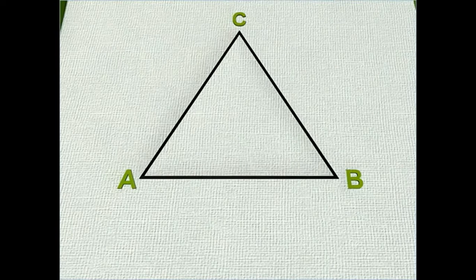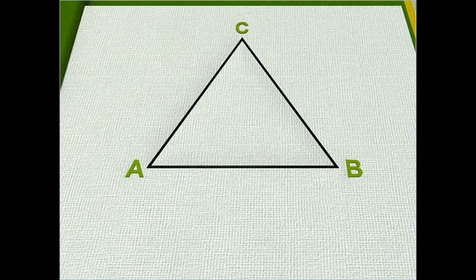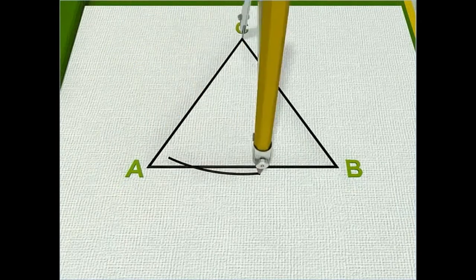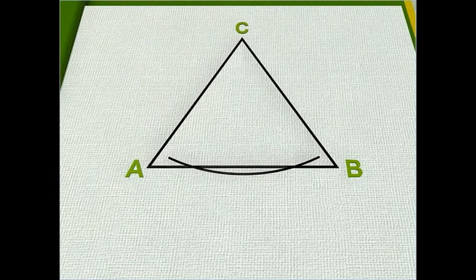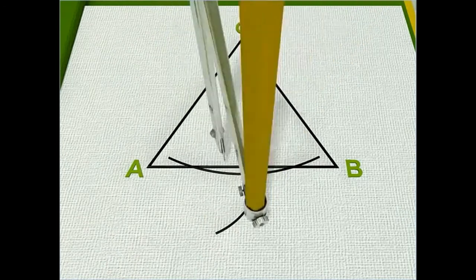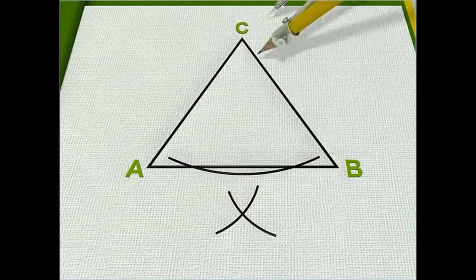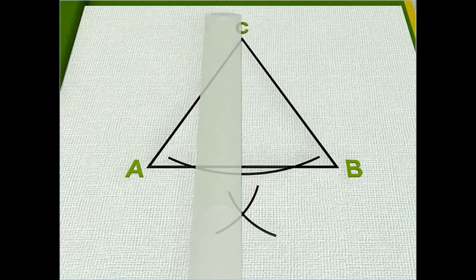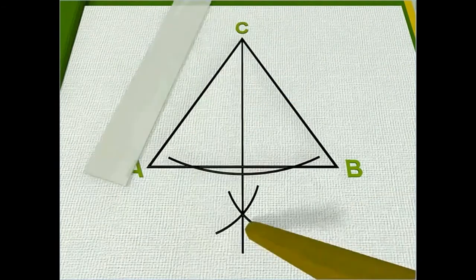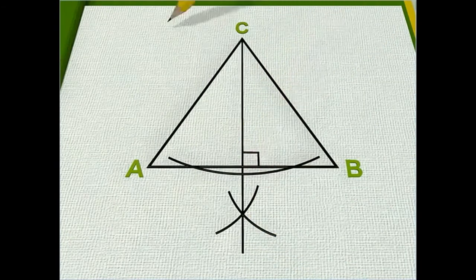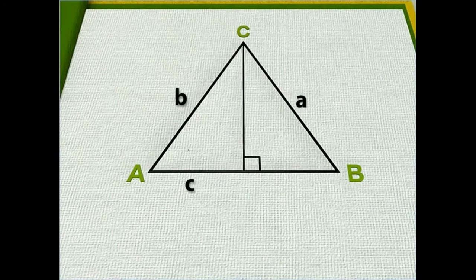Consider a triangle with length of the sides A, B and C units and length of the altitude from point C on AB as H units.